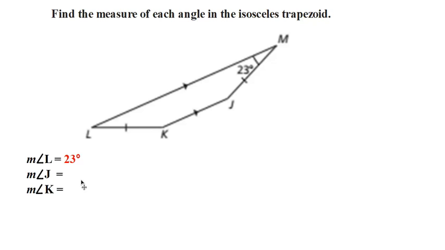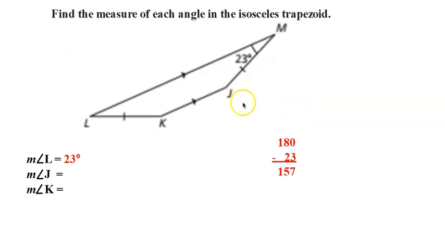What do we do with the other ones? Remember, as we said a minute ago, the angles that share the same side, that share a leg, are supplementary, because we have same side interior angles between two parallel lines. So that means that these two angles are supplementary. For angle J, we take 180 minus the measure of angle M, and so we end up with 157.